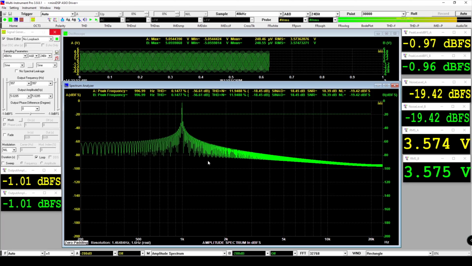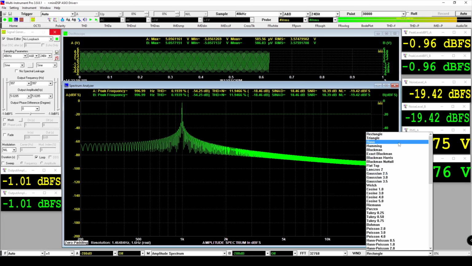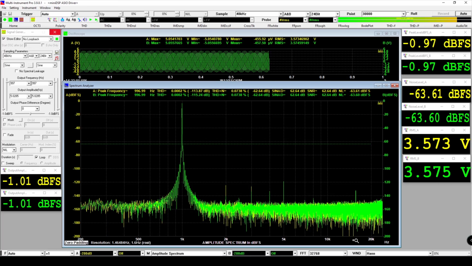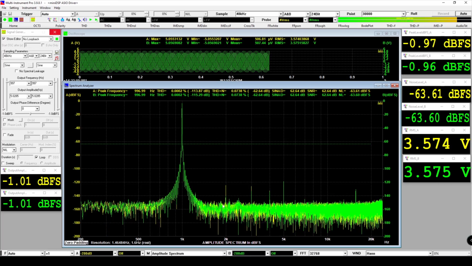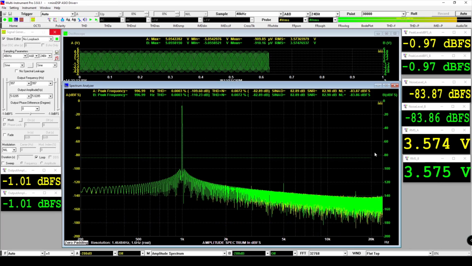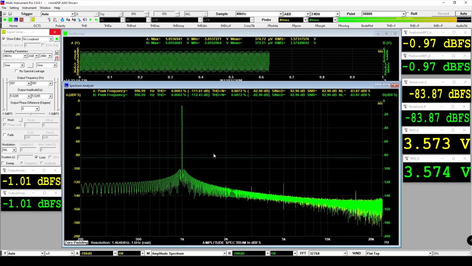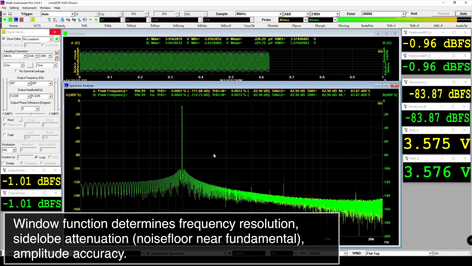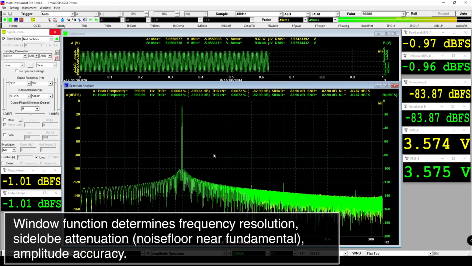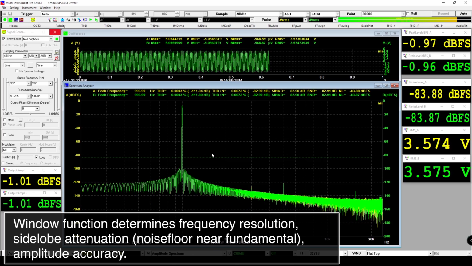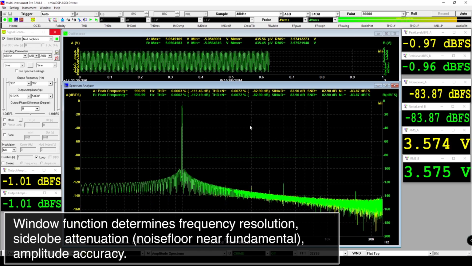It cannot calculate this. Then we start applying different types of windows and we get something useful out of here. But for example, here we still have this quite wide. The windows have different characteristics, and basically you need to select the window based on what you want to know about the signal. Is it important to know the exact amplitude?